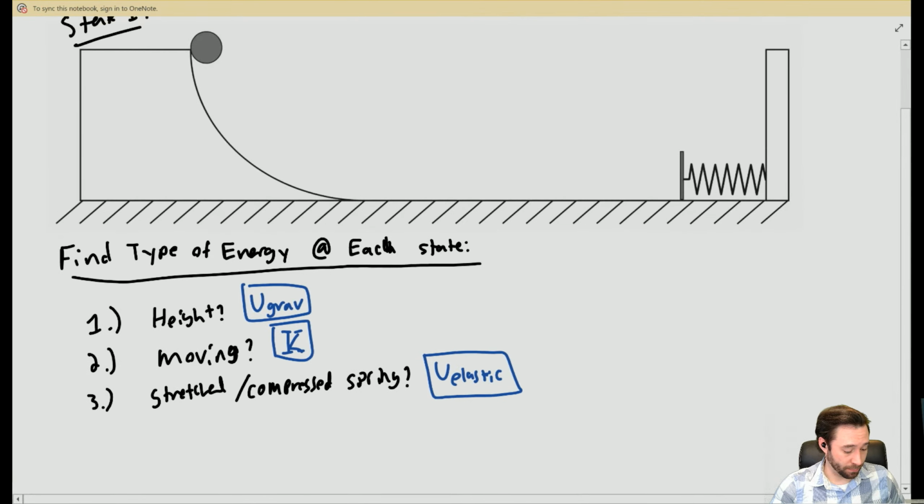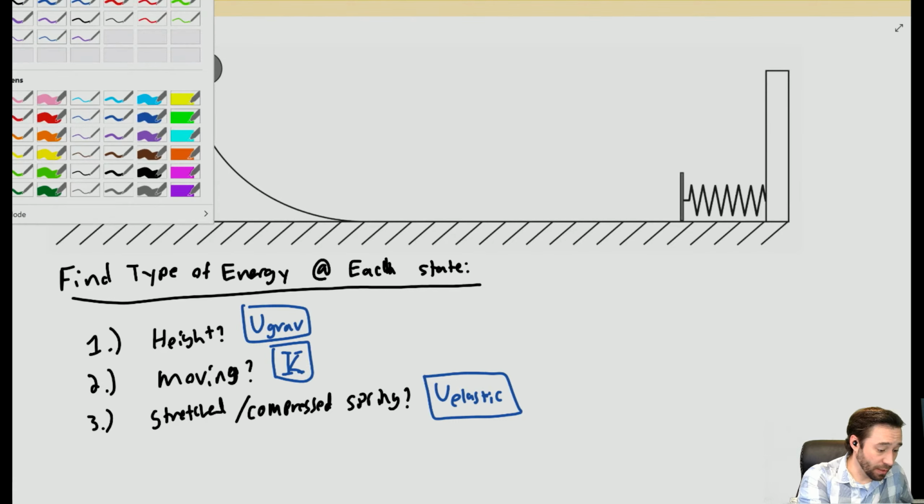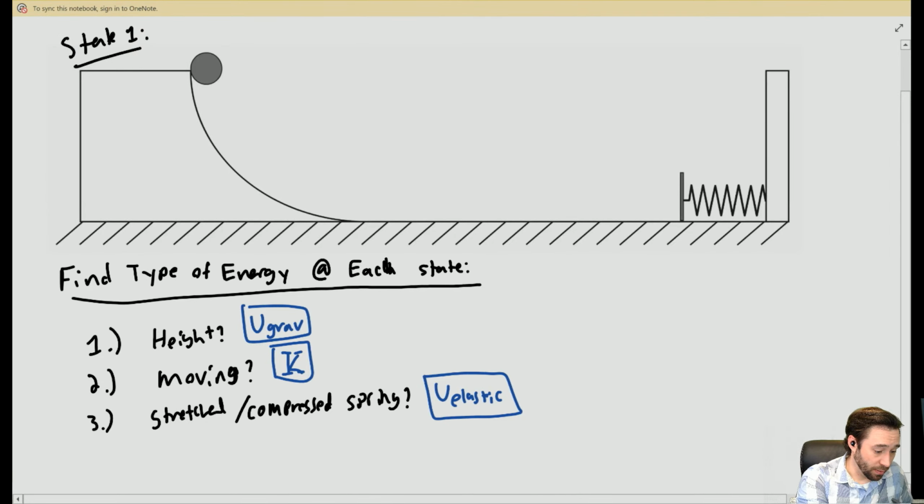All right. So dealing with state 1, the very first question, is there a height from the ground? So I look at my object. Is there a height?